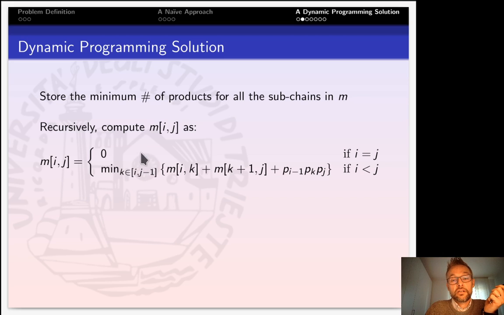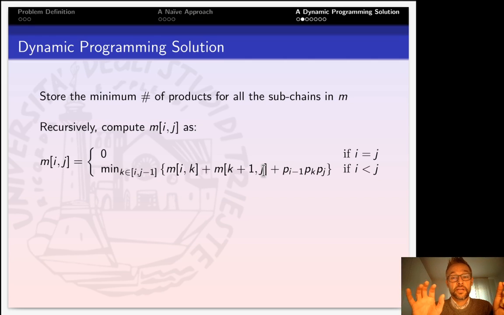For each of the possible K, so for each of the possible first level parenthesizations, we compute the minimum number of products required to perform that parenthesization, simply summing up the minimal number for the subchain going from I to k, plus the minimal number of products required to perform the chain matrix multiplication among A k plus 1 to AJ.